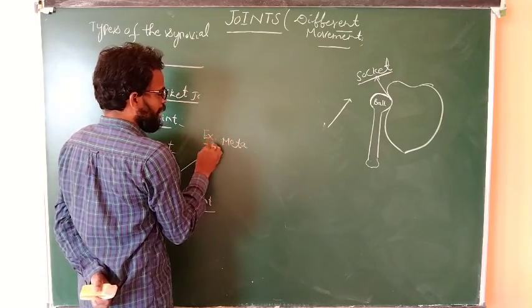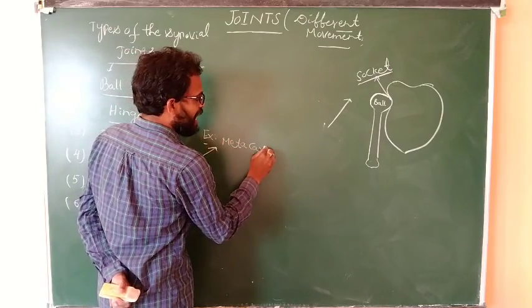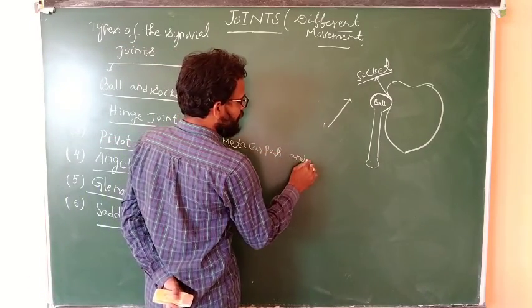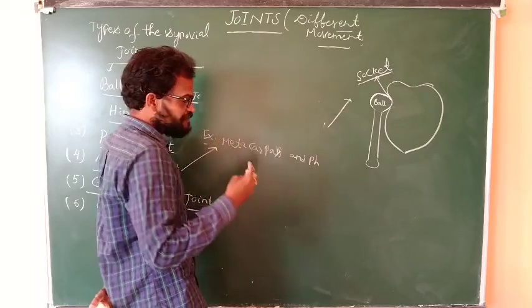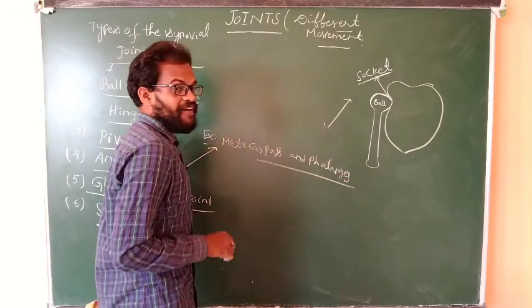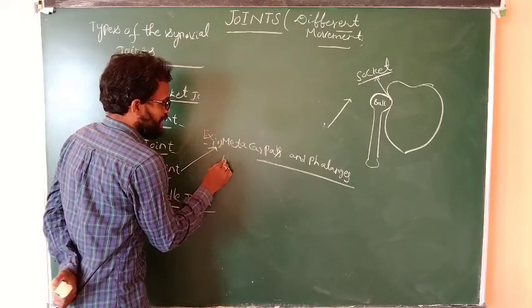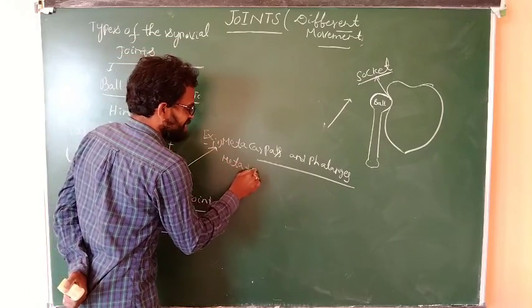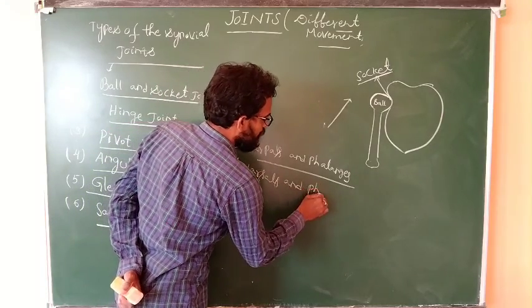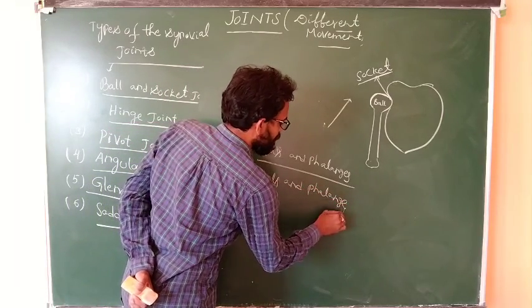Angular joints, first example: metacarpals and phalanges. Second one: metatarsals and phalanges.